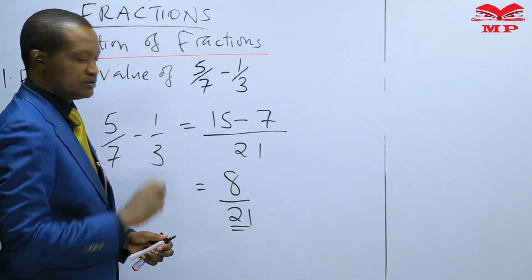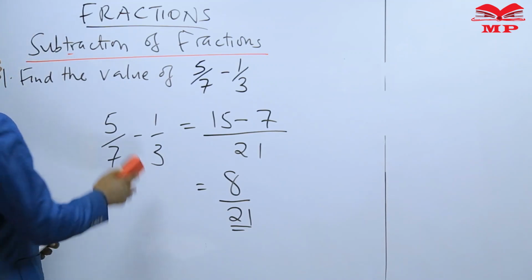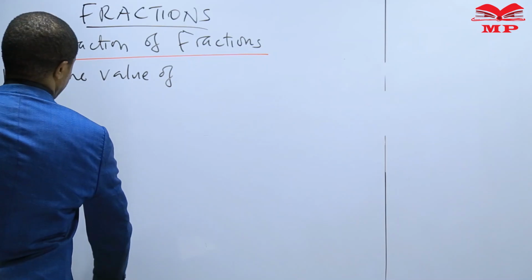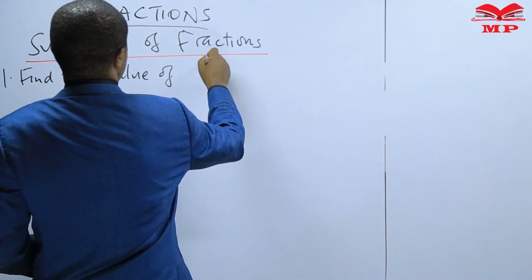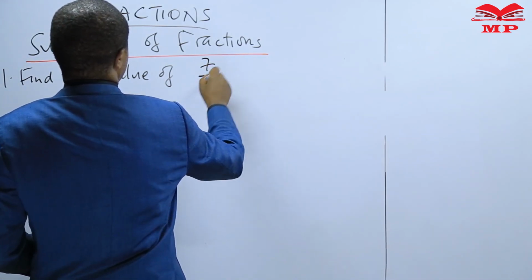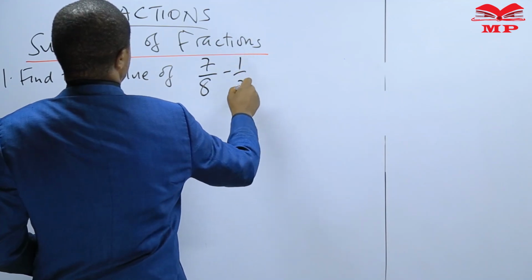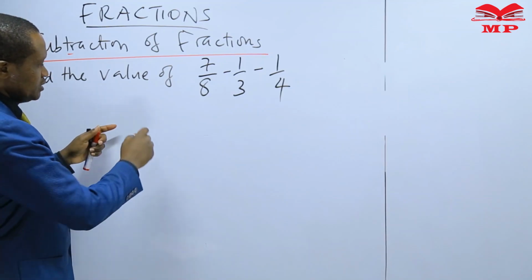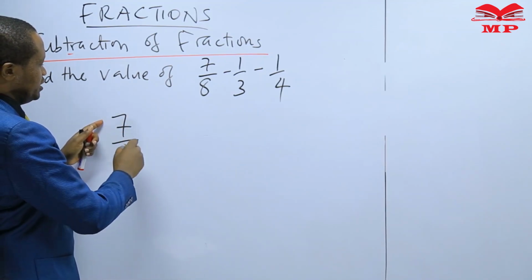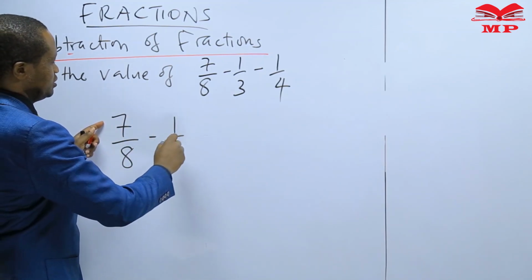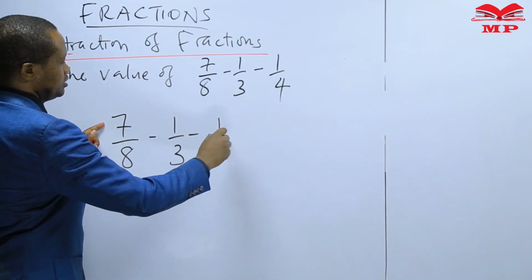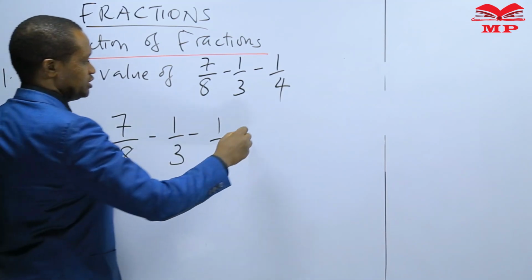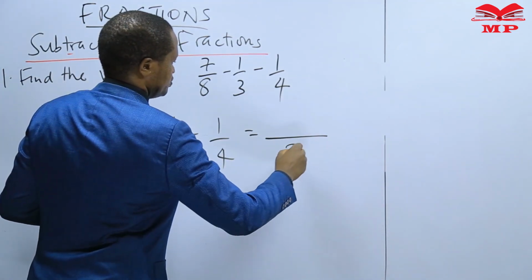Example number 2. Moving on to example 3. Find the value of 7 over 8 minus 1 over 3 minus 1 over 4. The LCM of 8, 3 and 4 is 24.